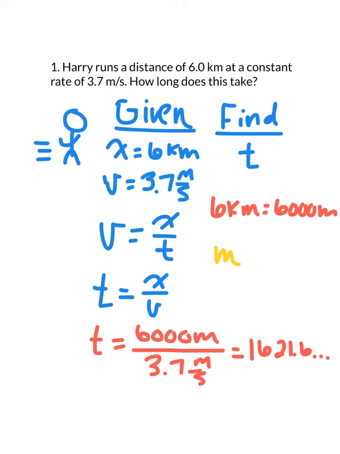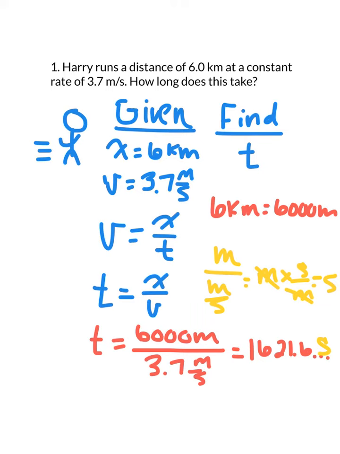Looking right here, meters divided by meters per second. So meters over meters per second is the same thing as saying meters times seconds over meters. The meters cancel out, you're left with units of seconds. So my answer's units make sense.